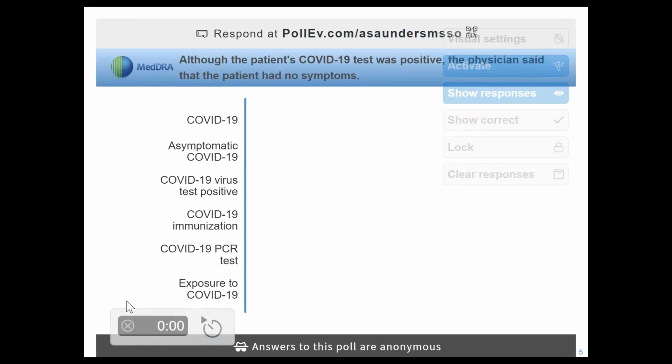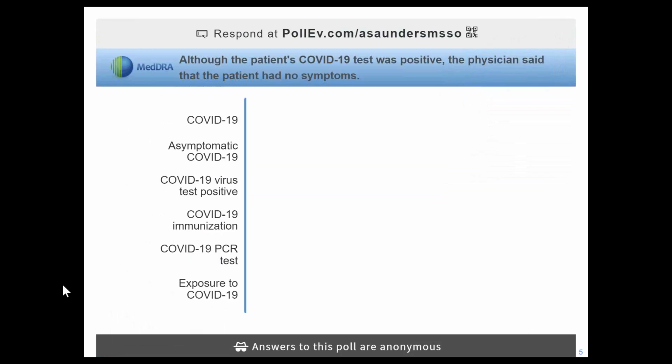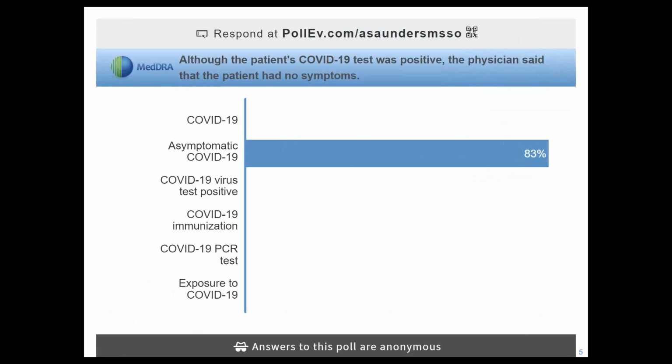Again, you should be able to respond. Although the patient's COVID-19 test was positive, the physician said that the patient had no symptoms. So a little more uncertainty about this.